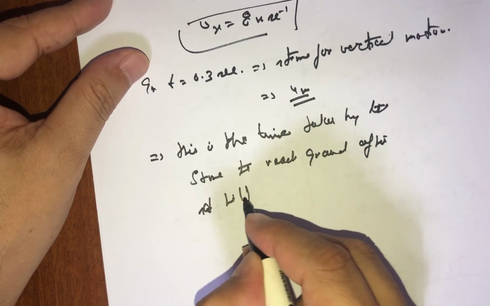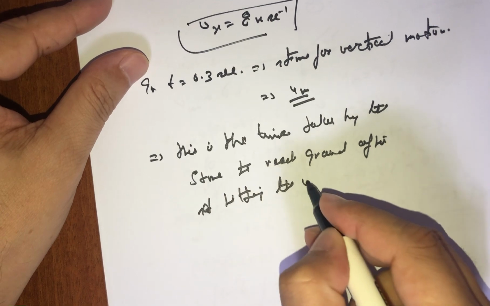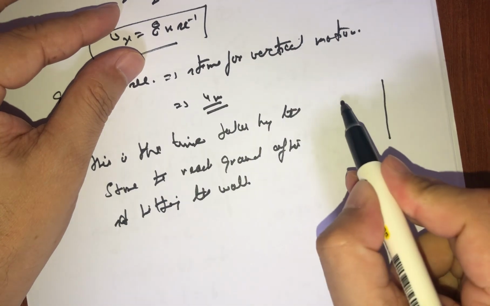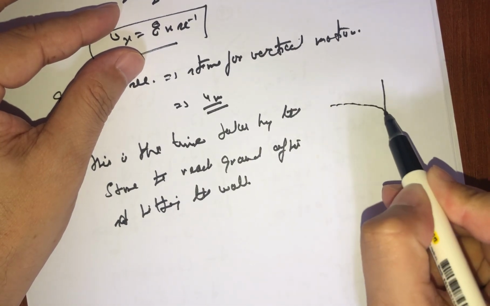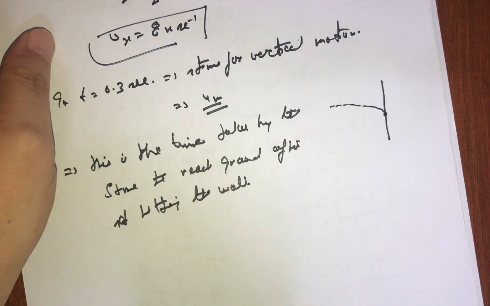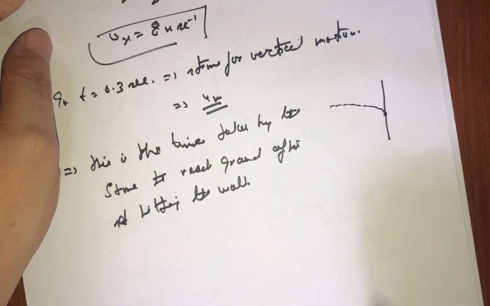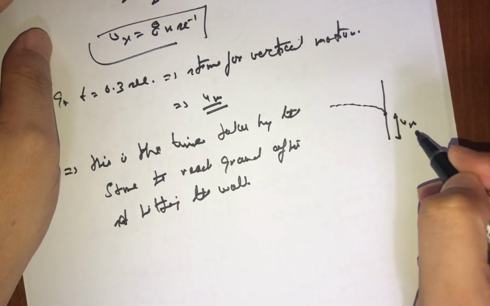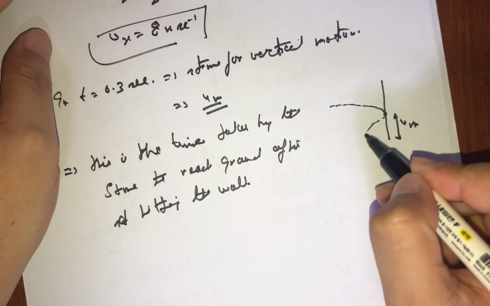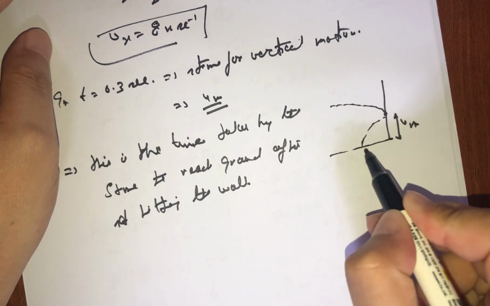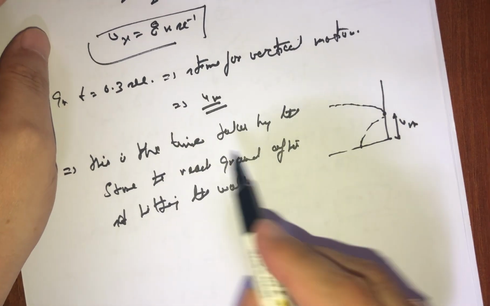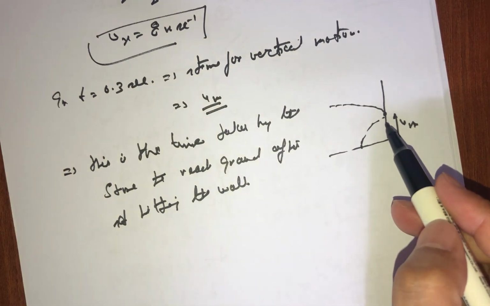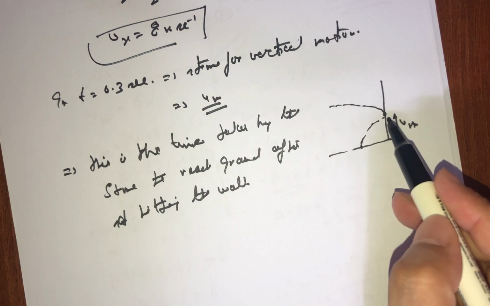Basically, if this is the wall and it strikes at this point, then in time t is equal to 0.3 seconds, from the vertical distance of 4 meters, it comes back to the ground at this point. So this is the time taken by the stone to come back to the ground after hitting the wall.